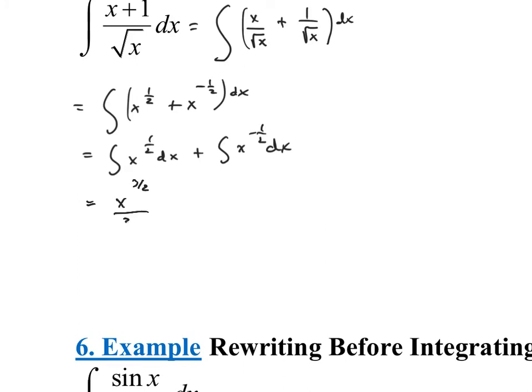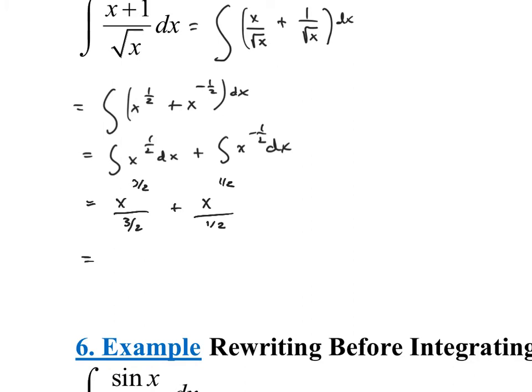But then again, I need to divide it by that exact same number. Plus, what's the integral of x to the negative 1/2? The integral of x to the negative 1/2 would be x to the, well, negative 1/2 plus 1 would be positive 1/2, but then I need to divide it by that exact same number. And then, of course, I have my plus c in my final answer.